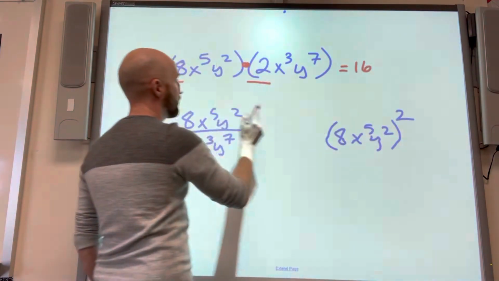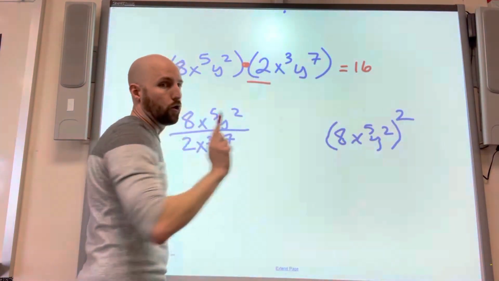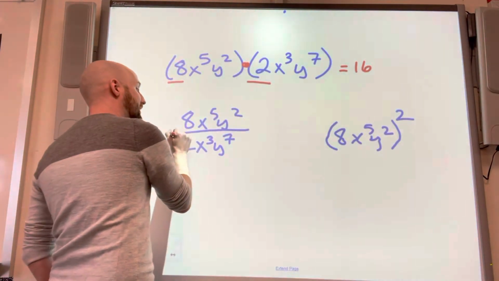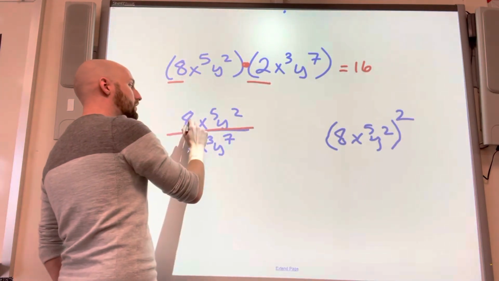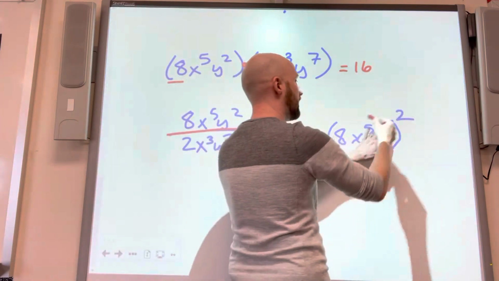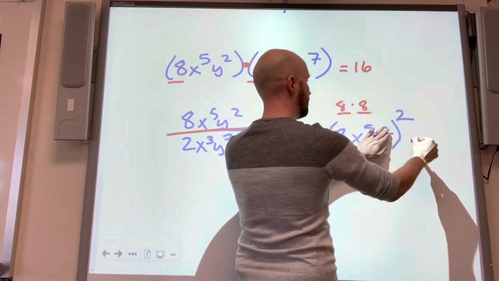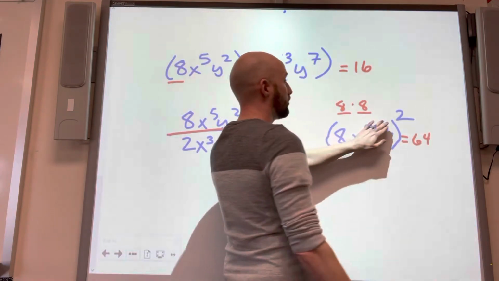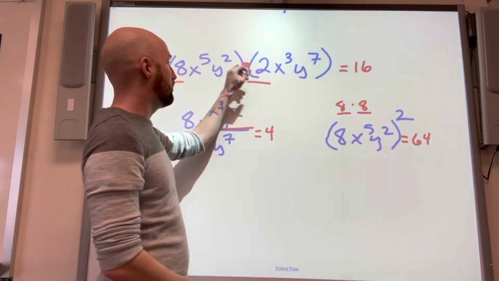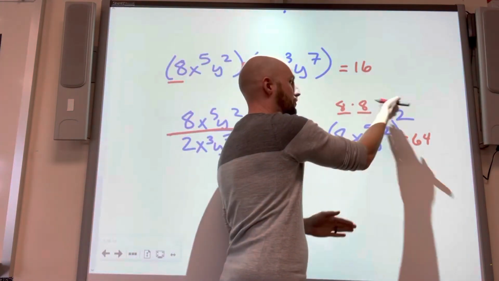Okay, si yo veo que es un problema de multiplicación, voy a multiplicar en verdad los números. Si es problema de división, voy a dividir los números en verdad. Y aquí, si es problema de potencia, 8 elevado a 2, quiere decir 8 multiplicado dos veces, son 64. O sea, multiplicación se multiplica, división se divide, potencia se hace la potencia.